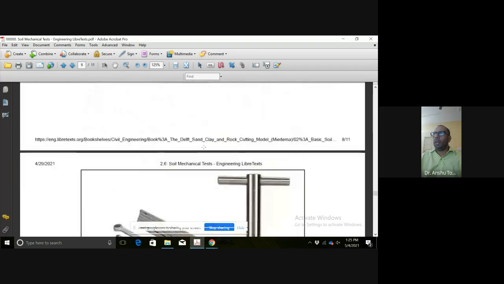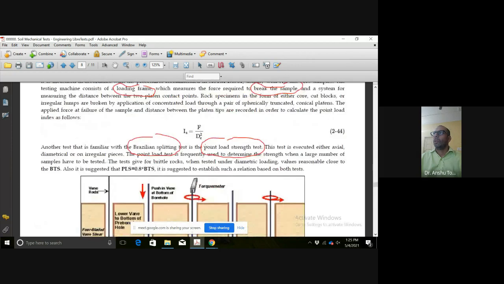So let us see. The test is executed either axial, diametrical or on irregular pieces. When a large number of samples have to be tested, brittle rocks are tested under diametrical loading.